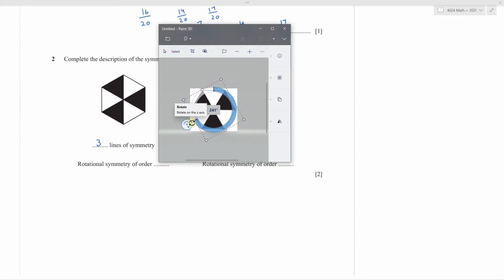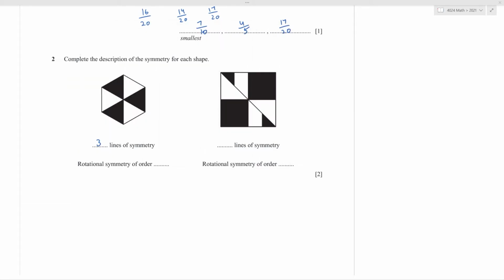If I stop here, again I have two black on the top and one in the middle at the bottom. So two, and then the next time it becomes the same shape is at 360 degrees. So during the full 360-degree rotation, there were three times when I had the same shape which I started with. So that means the rotational symmetry is of order 3.